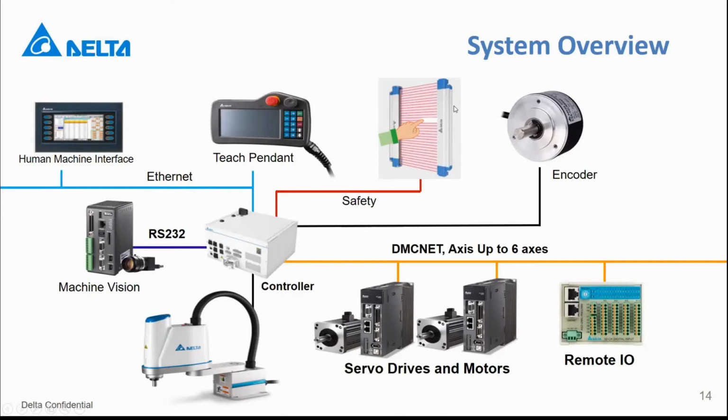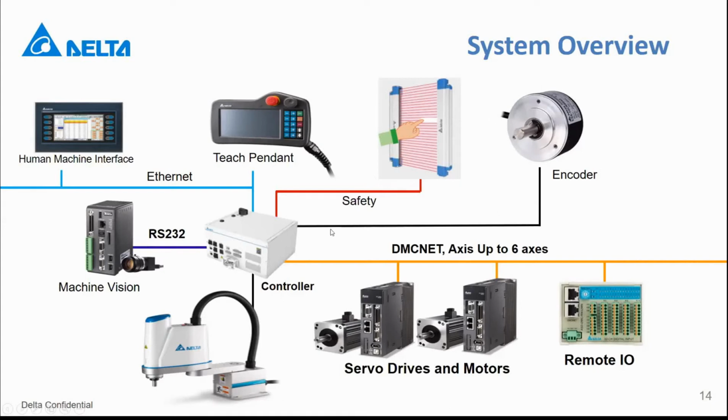And also we have a safety connector. With this safety connector, you can connect to things like fences or maybe some door sensor for safety. If a fence or the door has been triggered, then it will stop or pause the robot immediately.